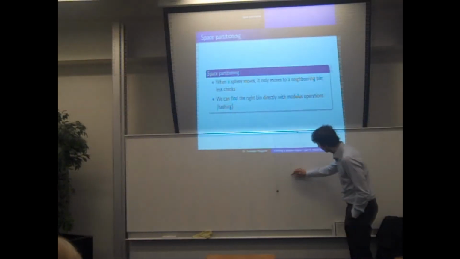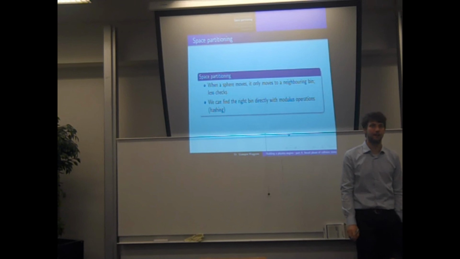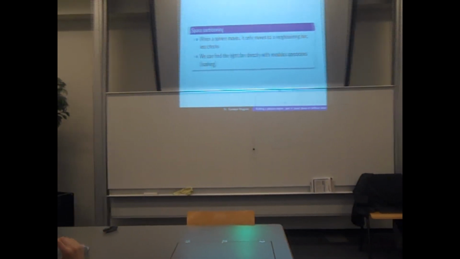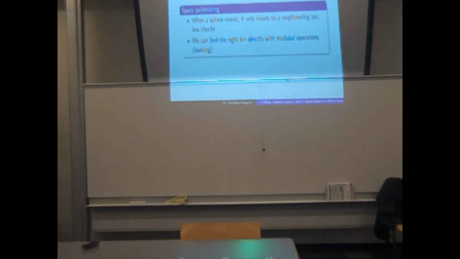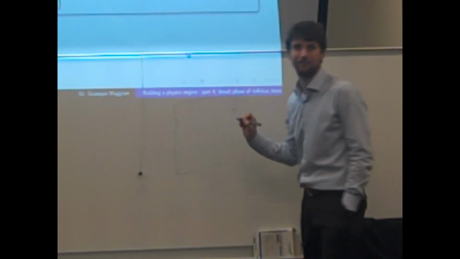Imagine your game world is really big, right? We're talking about 1,000 kilometers by 1,000, a huge world. And for some reason, we really want to store it all at the same time. And the size of your bins is this. That is a small bin, so you will probably need lots of bins, right?